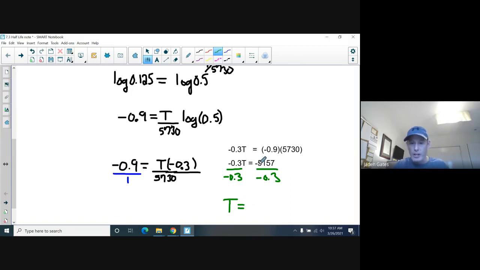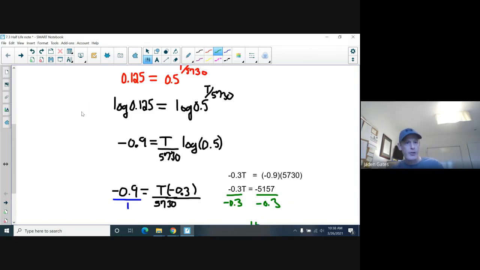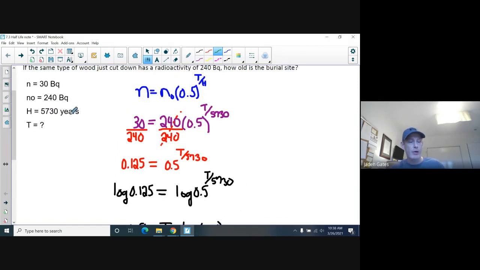And I'm lucky here because a negative divided by negative gives me a positive, which has to happen because I can't have negative time. It doesn't make sense. If I divide those, I end up with 17,190. Now, as I mentioned earlier today, H and T must be in the same units.